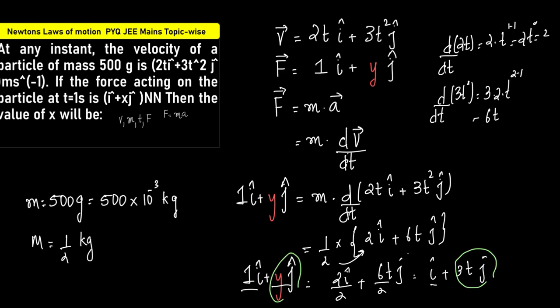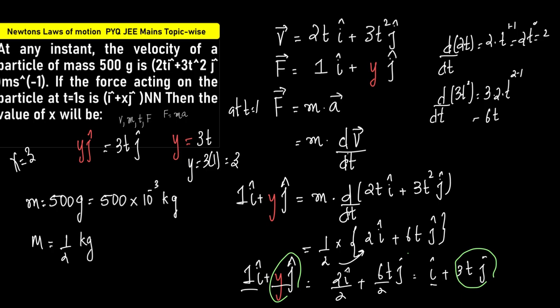So these two values are equal, which means we can say that yj cap can be compared with 3tj cap, and therefore we can say that y is equal to 3t, and at t is equal to 1, this becomes y is equal to 3 into 1, which is equal to 3. Therefore the correct value will be y is equal to 3, or according to the question, x is equal to 3.